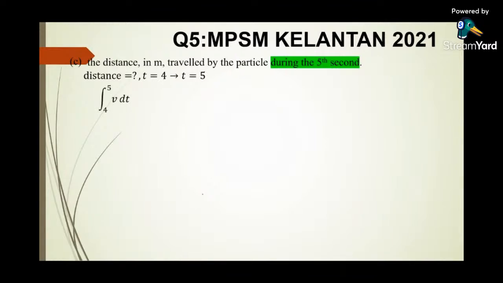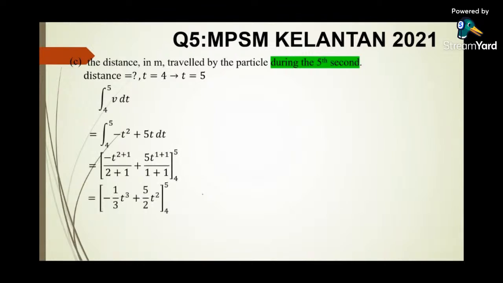Okay, so kita pun carilah 4 to 5 lah maksudnya. Our integration 4 to 5. So kita pun masuk yang tu and then we integrate. Ini careful lah. Original function negative T square. Jangan pula pergi tukar jadi T square minus 5T. Because our V function bukannya T square minus 5T. Our function for V is negative T square plus 5T. Kena guna yang asal.